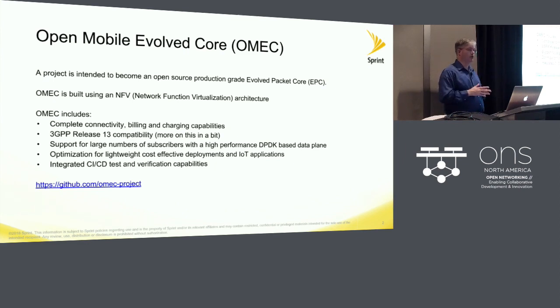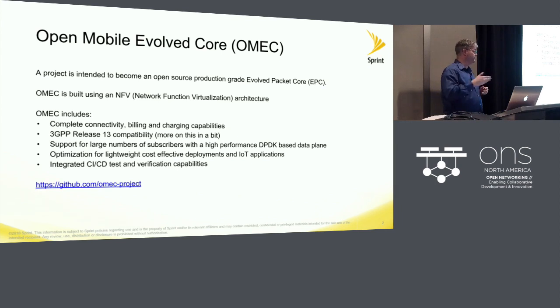We do support a large number of subs, and we're using DPDK underneath. You'll see us talk about different options in terms of control frames, but it's not unusual to see a single core in any uplink or downlink direction pushing tens of gigs.